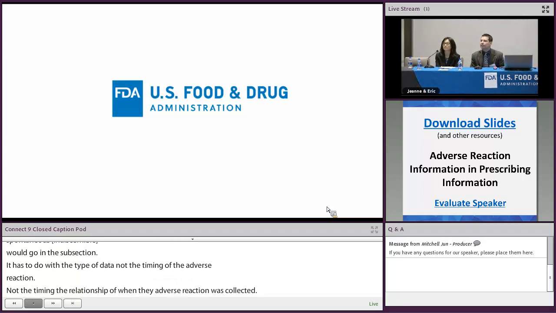So what if, you had mentioned that you only want to see those at an increased incidence in the active versus the comparator arm for a placebo-controlled trial. What if you have a double-blind placebo-controlled trial as an add-on to an active agent? So A plus or minus B, but the B is versus a placebo.